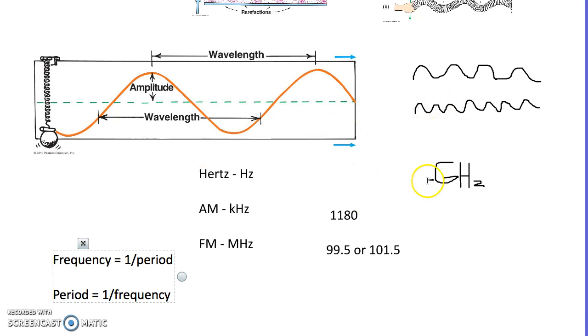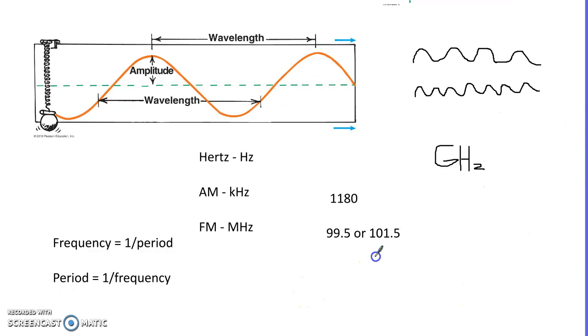So for example, let's just say I have a toothbrush and it makes 90 vibrations back and forth on my teeth per second. So the frequency of that would be 90 hertz, because how many vibrations does it make per second? Okay.